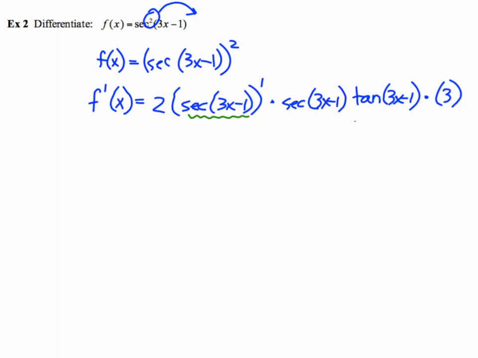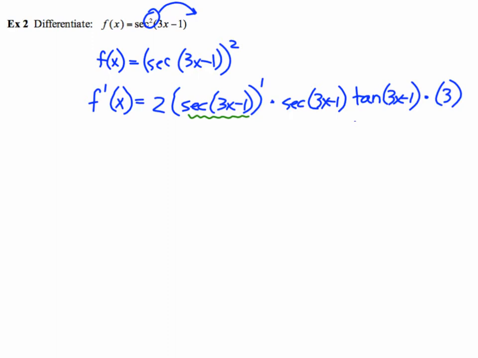And then I need to take the derivative of what's inside. So times the derivative of what's inside. The derivative of secant, according to my formula page, is secant 3x minus 1 times tan 3x minus 1. And the derivative of what's inside of that, the derivative of 3x minus 1, is just times 3.